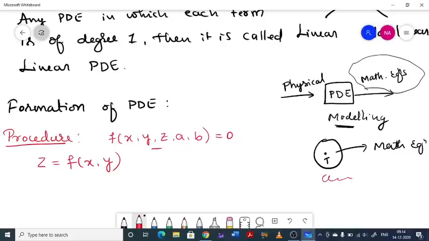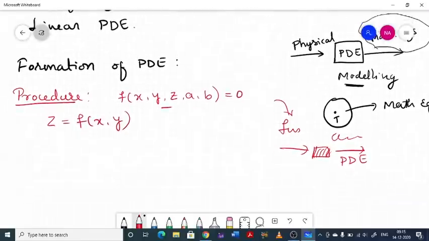This will be given. Your problem's question equation will be given like this. What is our aim? Our aim is to get the partial differential equation. Input will be a function like this, and output must be a partial differential equation. So it is your part to get the partial differential equation.